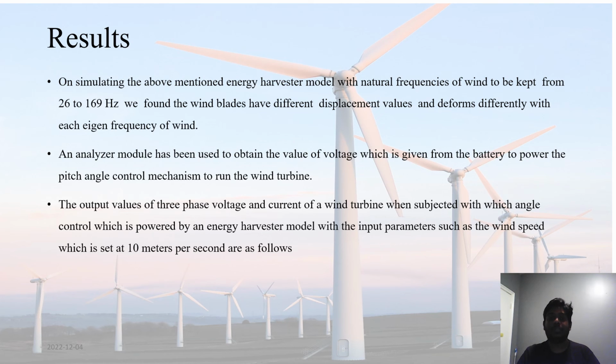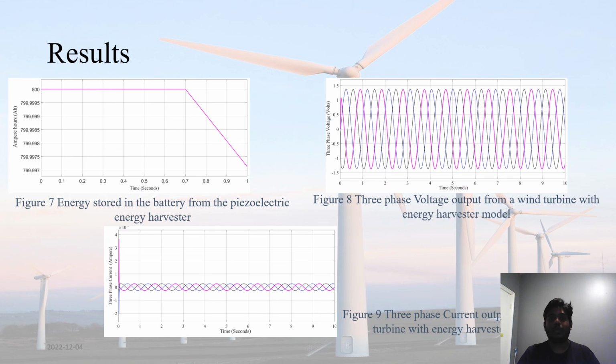The output values of the three-phase voltage and current of a wind turbine when subjected to angle control, which is powered by an energy harvester model with the input parameters such as the wind speed, which is set at 10 meters per second, are as follows.